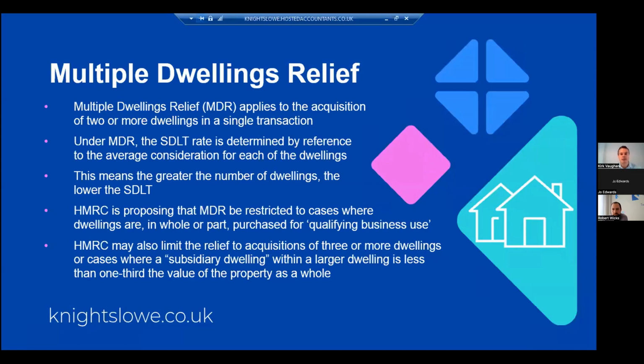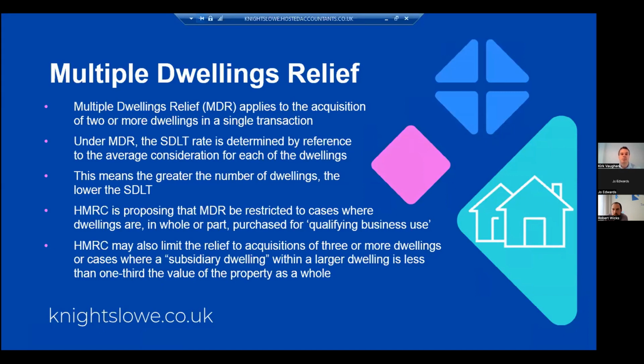Also, something else that they're looking to change for stamp duty land tax is multiple dwellings relief. The way this works is if you're buying a number of properties at the same time, and this is residential properties, rather than paying stamp duty land tax on the total amount, so if you buy 4 properties at £200,000, rather than paying stamp duty land tax on the £800,000, you pay stamp duty land tax on the average price, work out the stamp duty on that, and then multiply that by 4, being the number of properties.